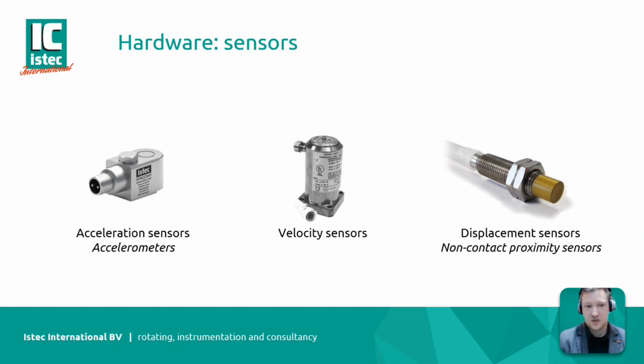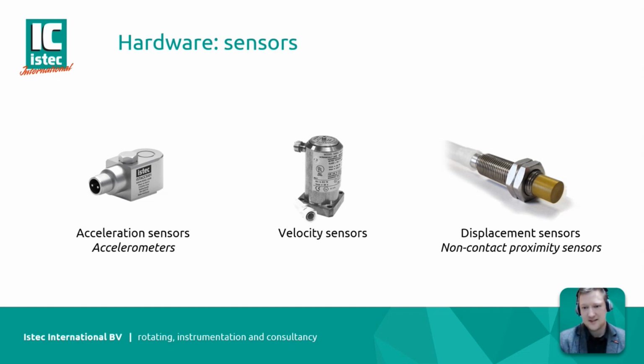And an acceleration signal can also be integrated to velocity. Velocity sensors have a much more limited frequency range, from 1 Hz to 1000 Hz, and they are suitable for vibration monitoring and balancing applications.